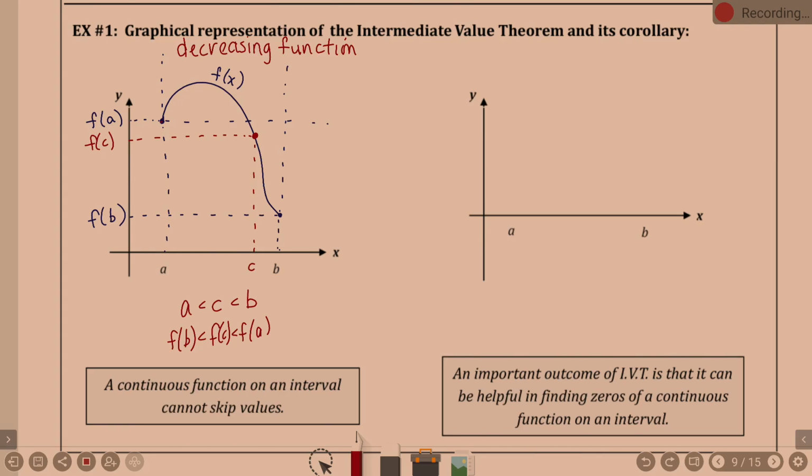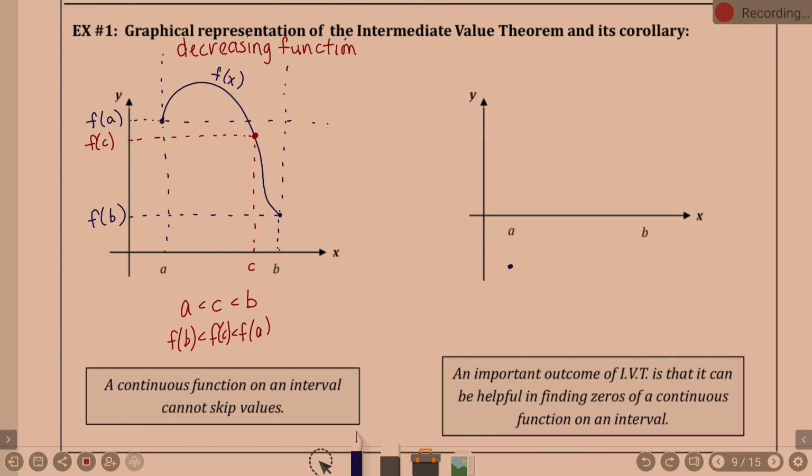Okay, the other piece we're going to look at here, an important outcome of IVT is that it can be helpful in finding zeros of a continuous function on an interval. So, just right there referring to how are we going to use this, when am I going to use this, this is a place that it can be helpful. And that is the idea that, okay, we have A and B, but I'm going to pick A to be down below.